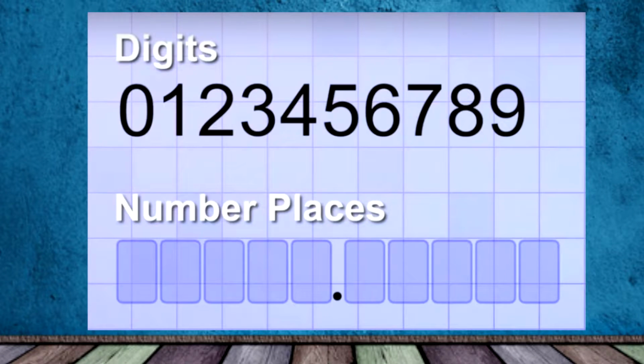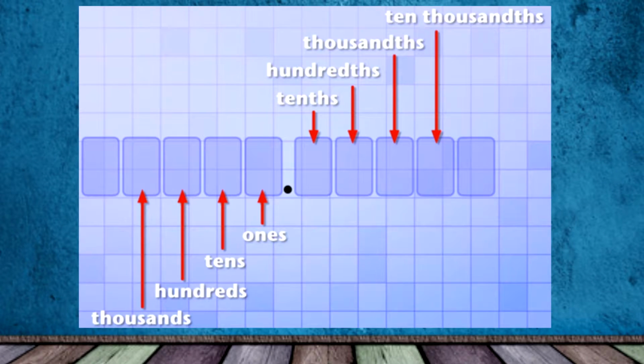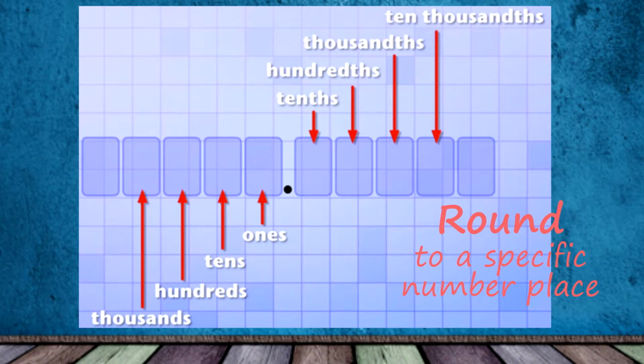Do you remember how our number system is based on digits and number places? Each digit of a number occupies a particular number place, and each number place is named according to the amount it represents or counts. And it is important to know these names when rounding a number, because you usually will be asked to round to a specific number place.